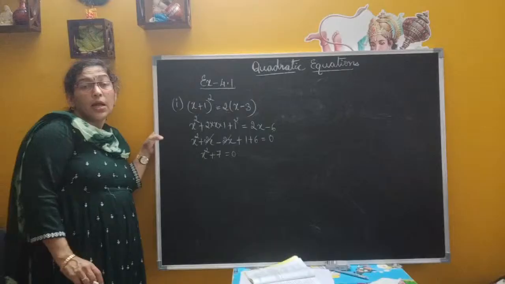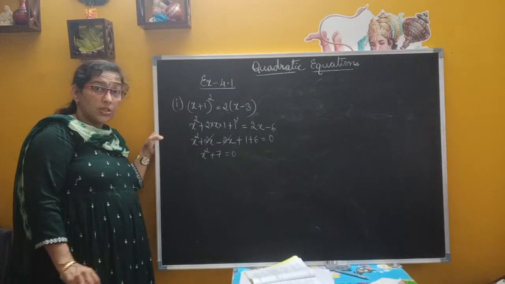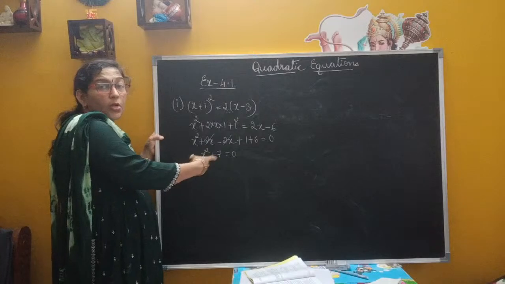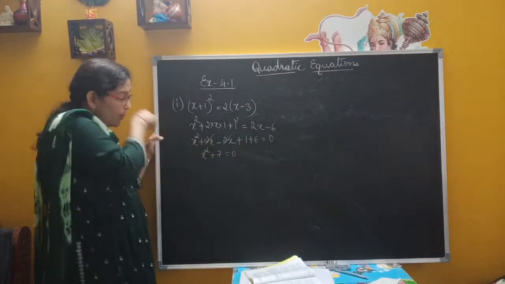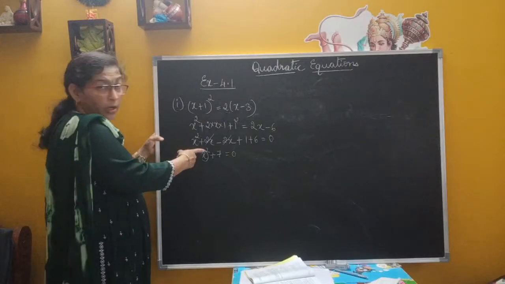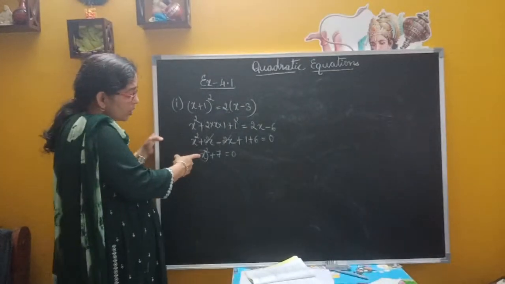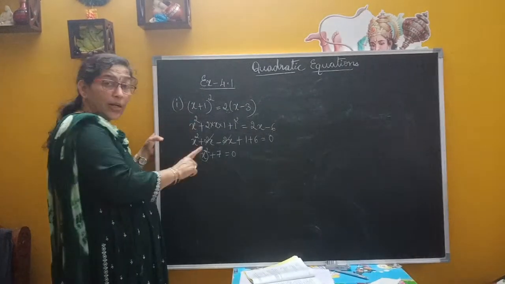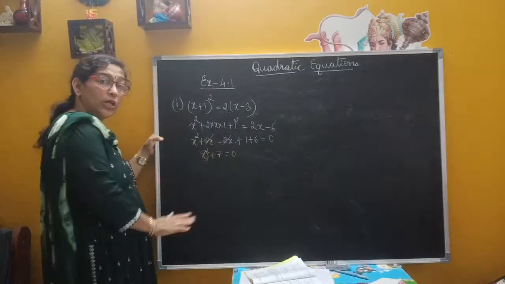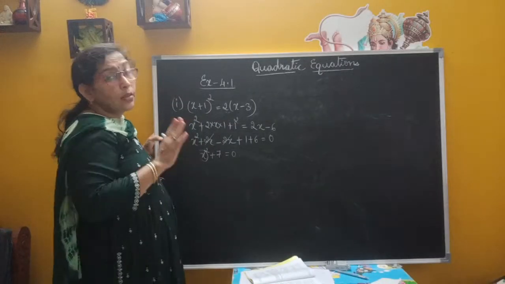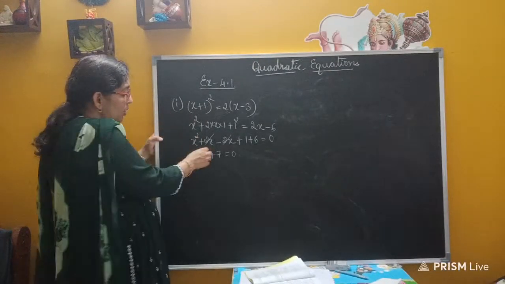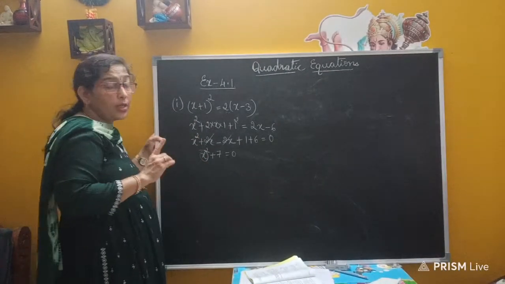Is it in the standard form? Yes, of course. You may ask me, it is not, we don't have the ax square plus bx plus c form here. But we have the first term with power 2, therefore it is a quadratic equation. Even if you have a single term, x square is equal to 0, it is a quadratic equation only, because the degree of that equation is 2, not 1, sorry.